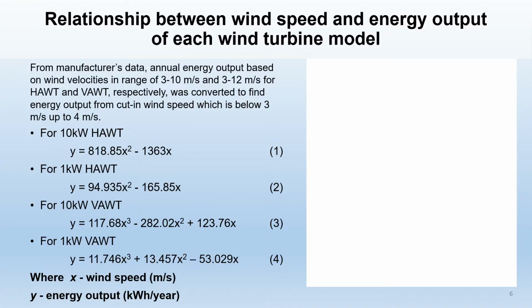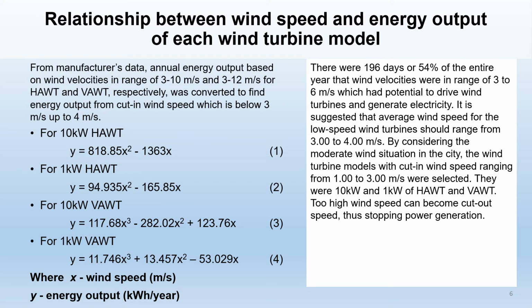We compare both vertical axis wind turbine and horizontal axis wind turbine. From manufacturer's data, we can find the relationship between wind speed and energy output of each wind turbine model.